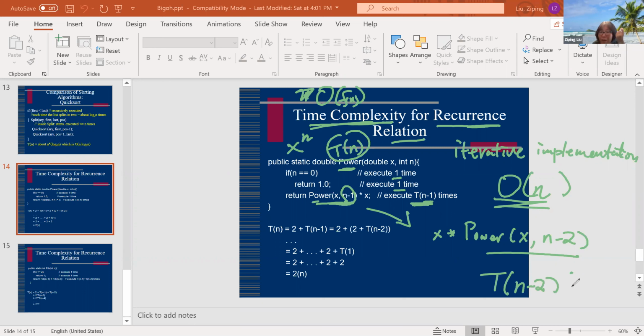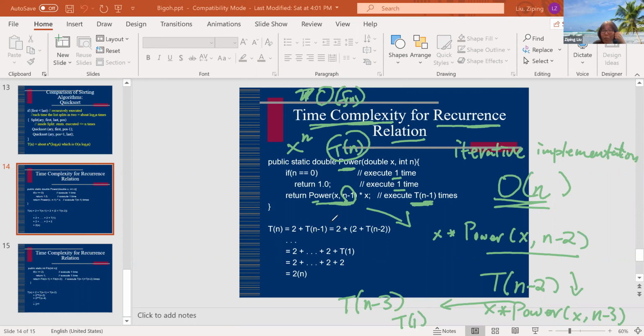And this can be decomposed to x times power of x, n minus 3, which is going to be T(n minus 3). You're going to keep having this kind of relation until the size is 1.